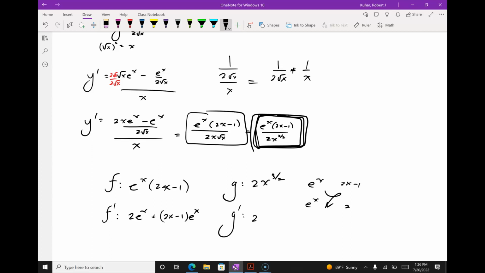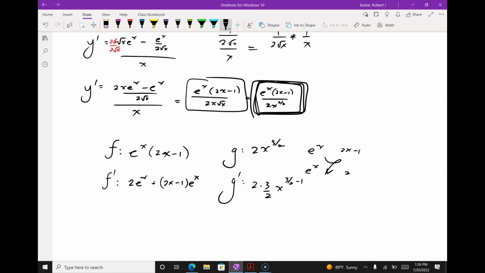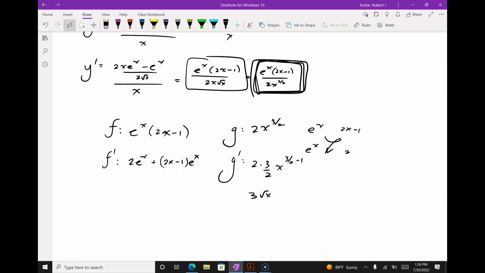Derivative is 2 times 3 halves times x to the 3 halves minus 1. So that is 3 square roots of x. Nice. Woo! Horrible. And the downstairs squared is x squared.